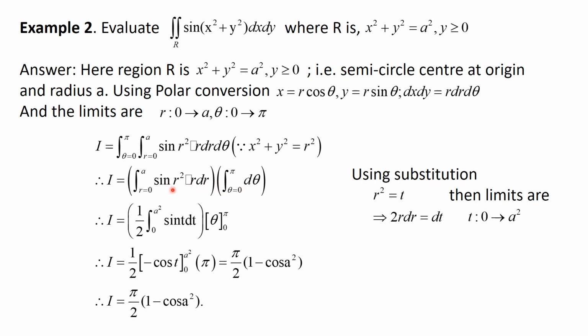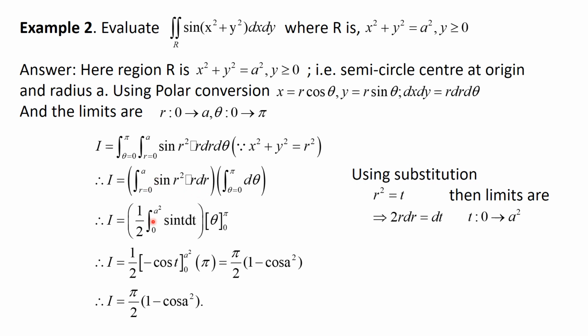So for the integral of sin r square into r dr, we use the substitution r square equal to t, and differentiating gives 2r dr equal to dt. When r equal to 0, t equal to 0. When r equal to a, which is the upper limit, t is equal to a square.